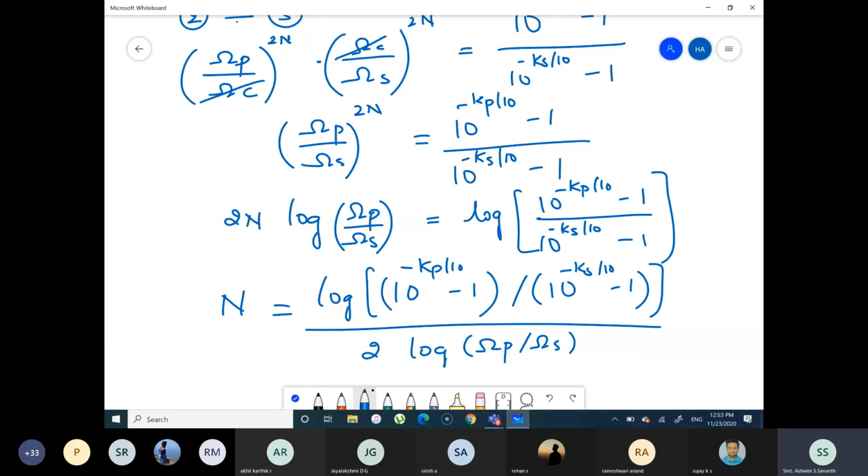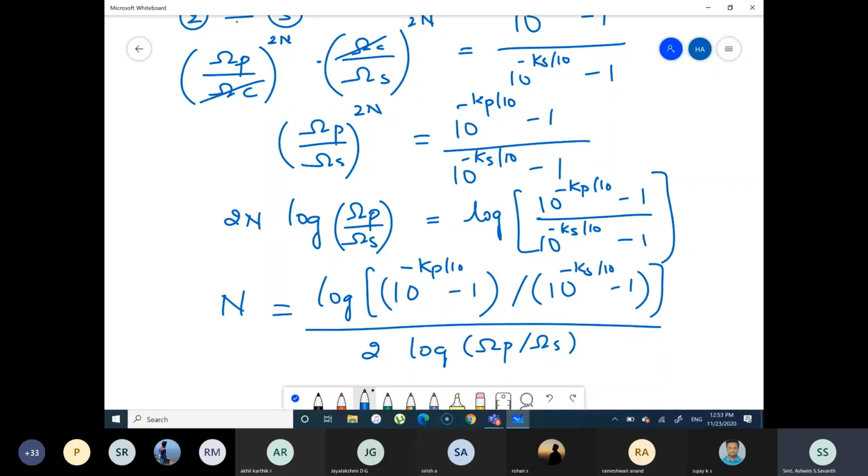How do you find this omega c is what we have to see next, because the frequency response of a Butterworth filter depends on omega c. For a Chebyshev filter, it depends on omega p, so this additional step of omega c is not there for a Chebyshev filter. But for Butterworth, since the expression for the frequency response has an omega c in it, we'll have to find the cutoff frequency. The cutoff frequency lies somewhere between omega p and omega s, in the transition band between the pass band and the stop band.